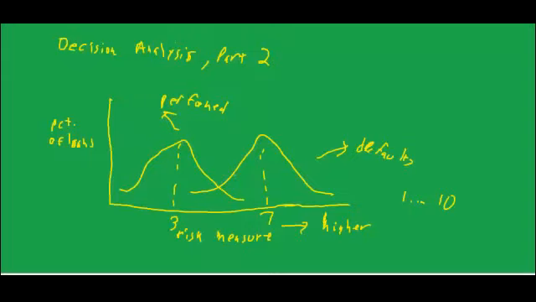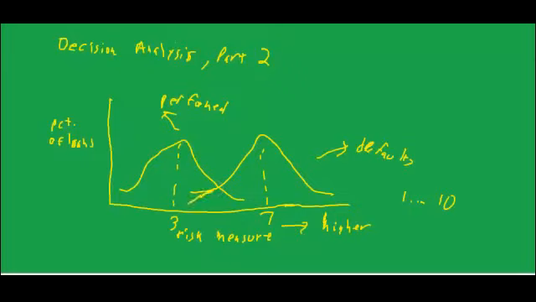What this illustrates is a fairly good separation between defaults and performing loans, but it's not a perfect separation. And what that means is you cannot eliminate all errors. Let's say you set your decision criteria to have very few defaults.